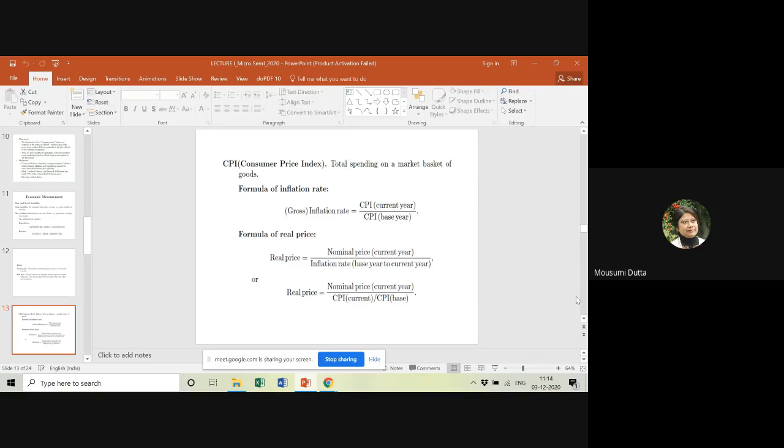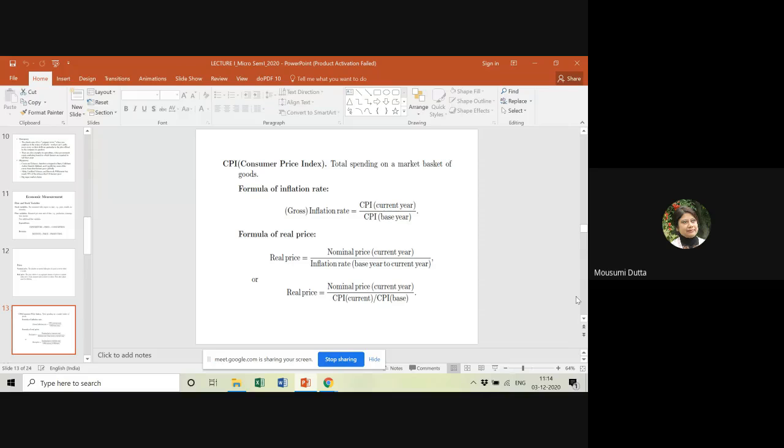Total spending on a market basket of goods, divided by total spending on this similar basket in the base year. So the formula for real price is nominal price, that is the current year price, divided by inflation rate.